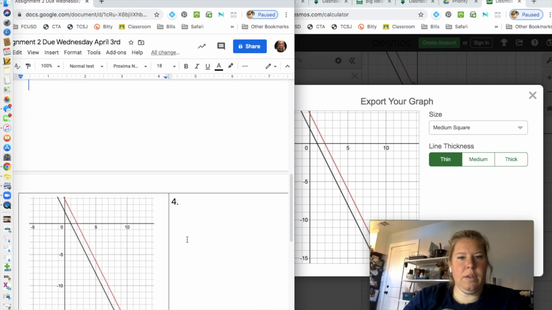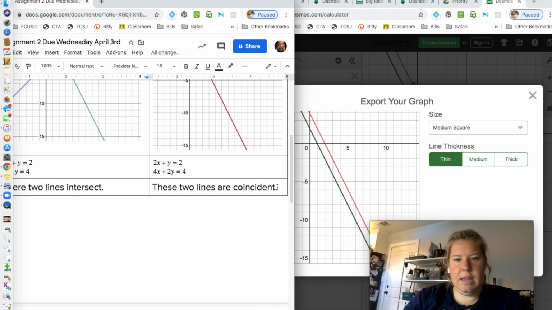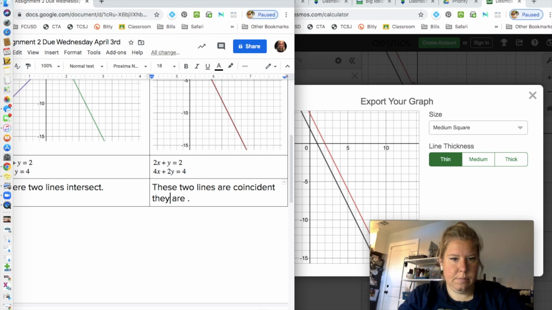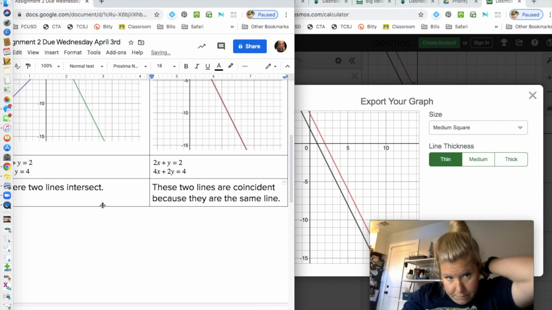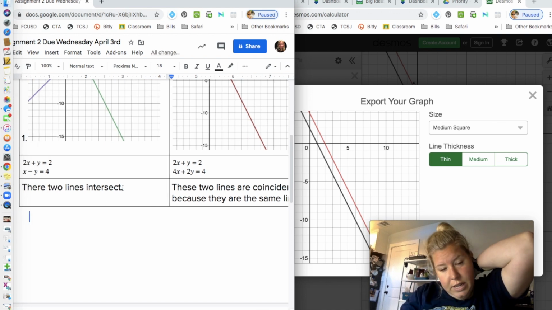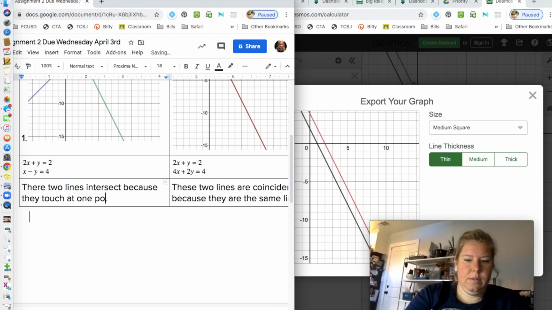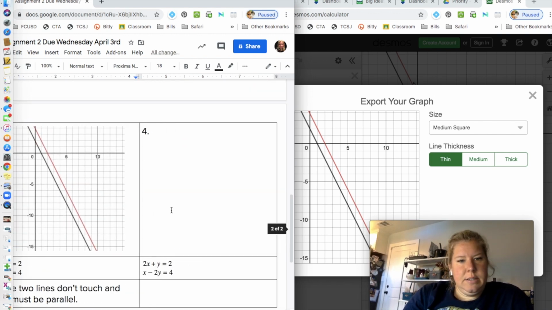So that's what I'm looking for. I probably should say that the earlier ones are coincident because they're the same line. And the other two lines intersect because they touch at one point. I forgot that. And boom.